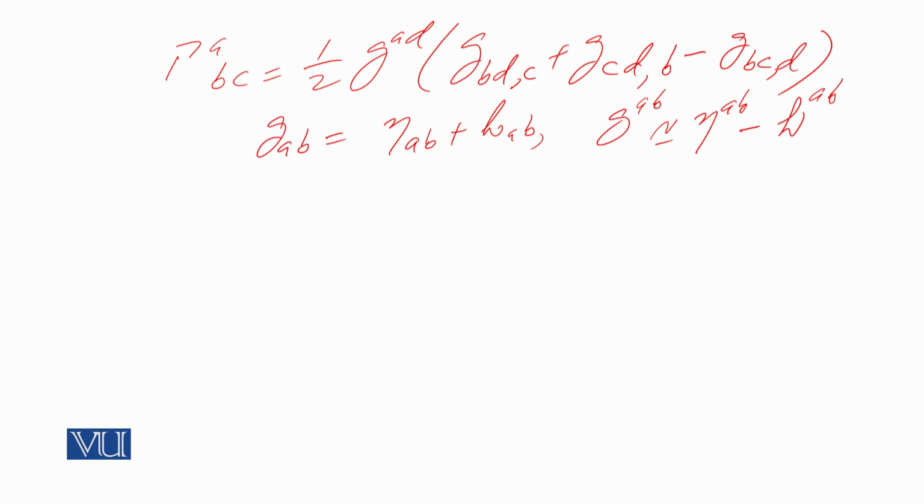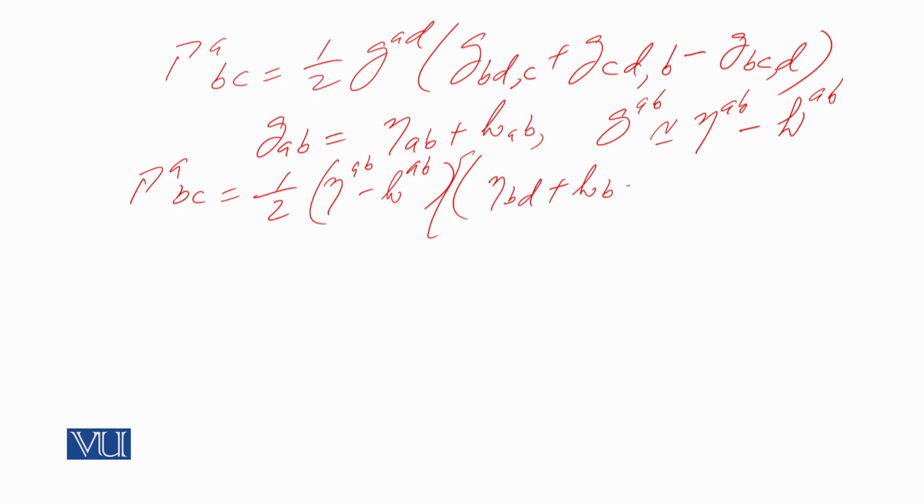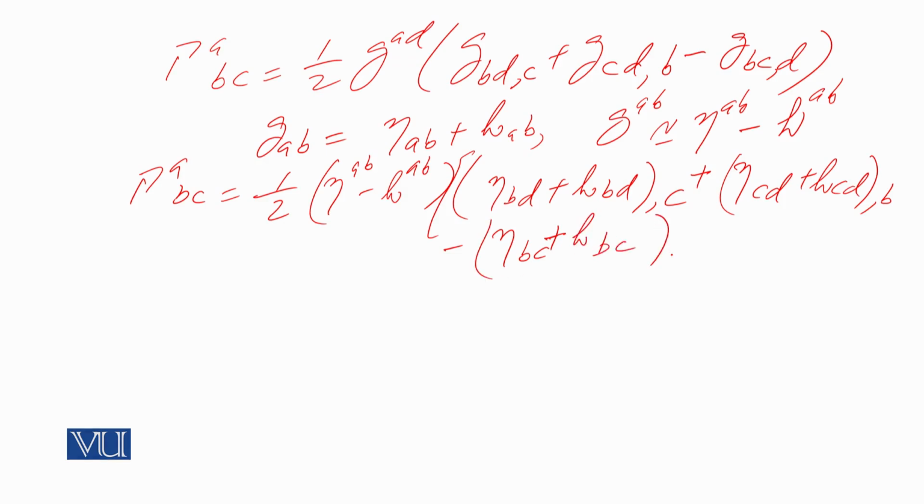So inserting these values here, we can write Γ^A_BC is equal to 1 by 2 (eta^AD minus h^AD), and then (eta_BD plus h_BD,C) plus (eta_CD plus h_CD,B) minus (eta_BC plus h_BC,D).